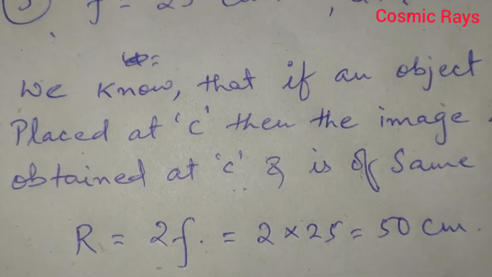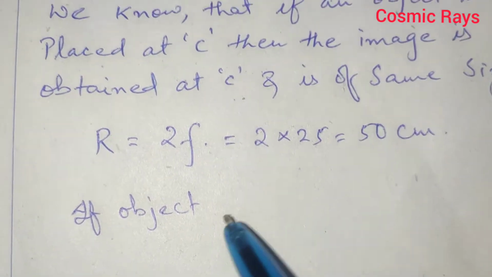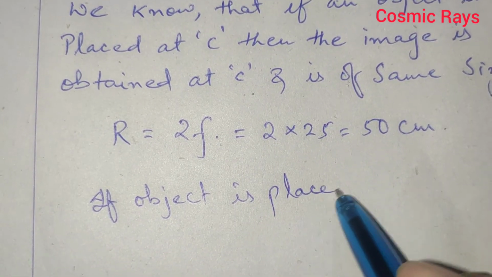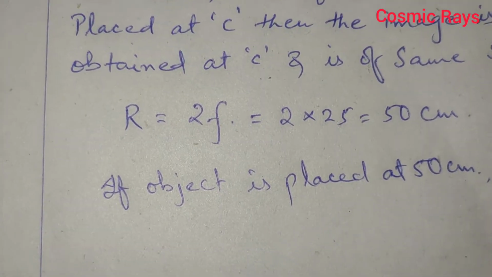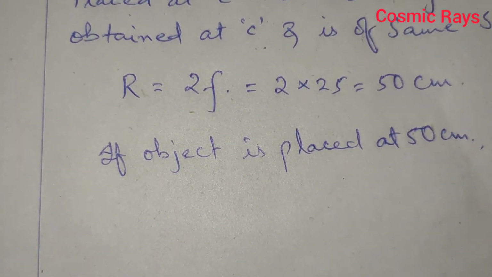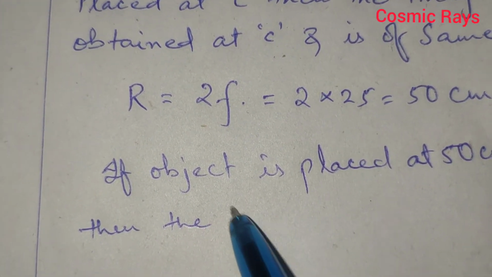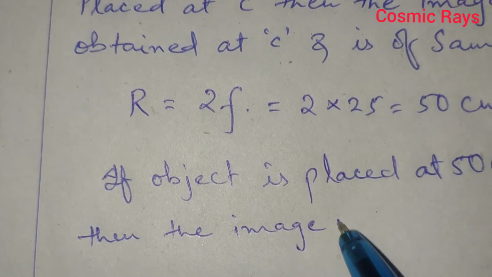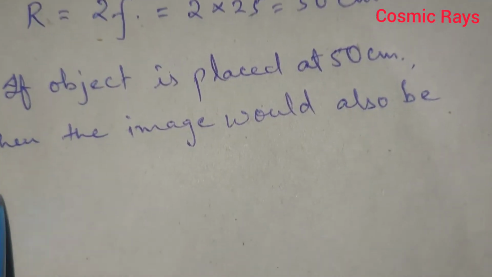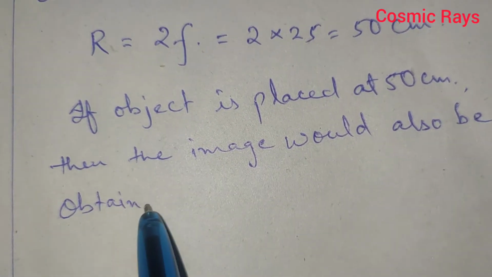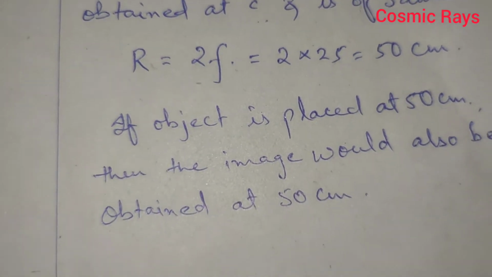So if the object is placed at 50 centimeter, then the image would also be obtained at 50 centimeter. That's all.